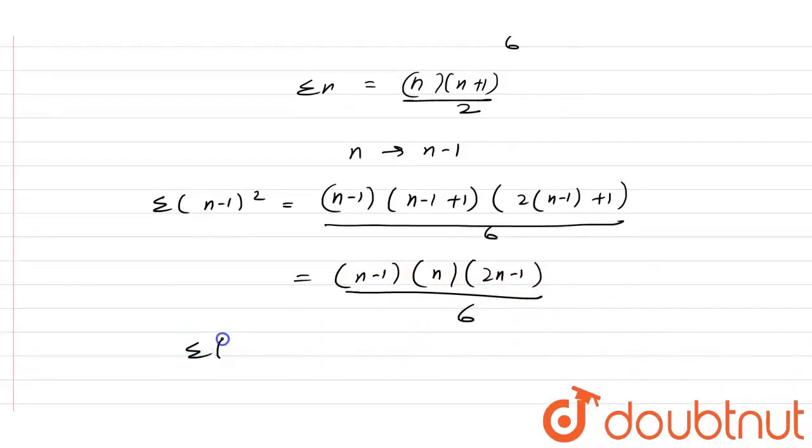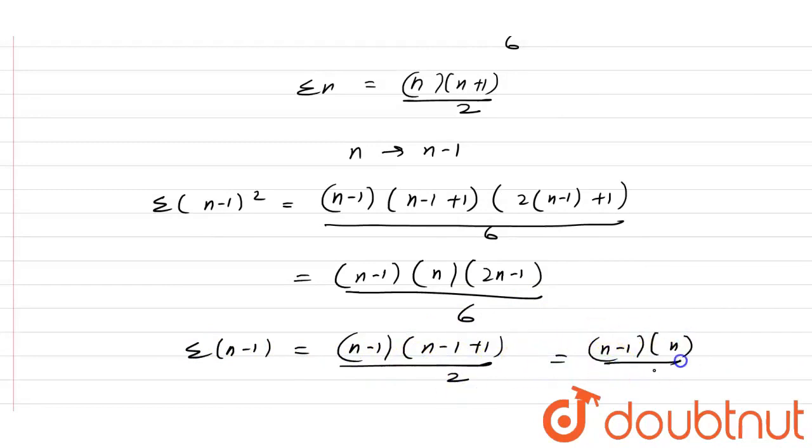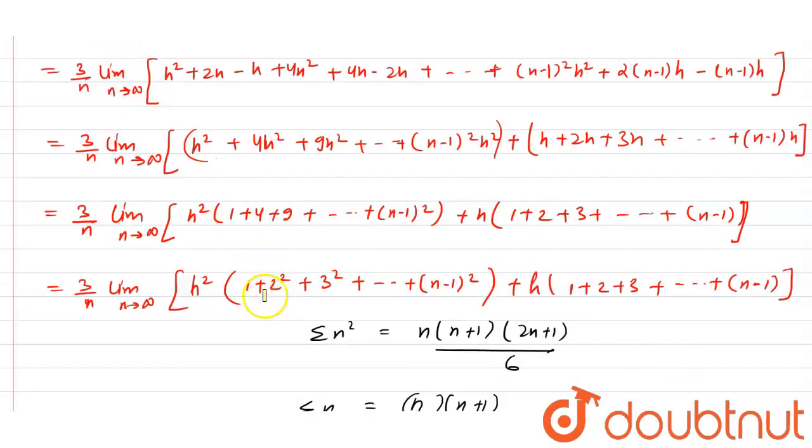Similarly, we can write summation of n minus 1 is equal to n minus 1 into n minus 1 plus 1 divided by 2, which is equal to n minus 1 into n divided by 2. So this is the summation of n minus 1 square and this is the summation of n minus 1.